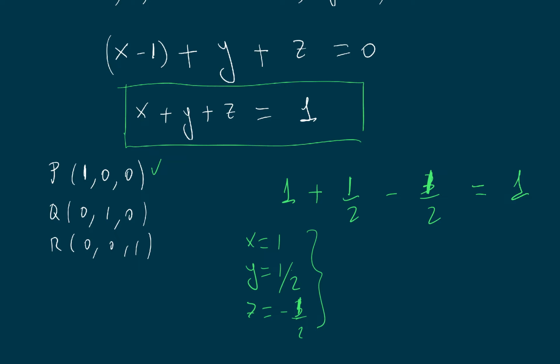And the point x equal 1 half, y equal 1, and z equal minus 1 half is on the plane because the sum is 1. Okay, and you can find many points, of course, an infinite number of points. I hope it will be useful.